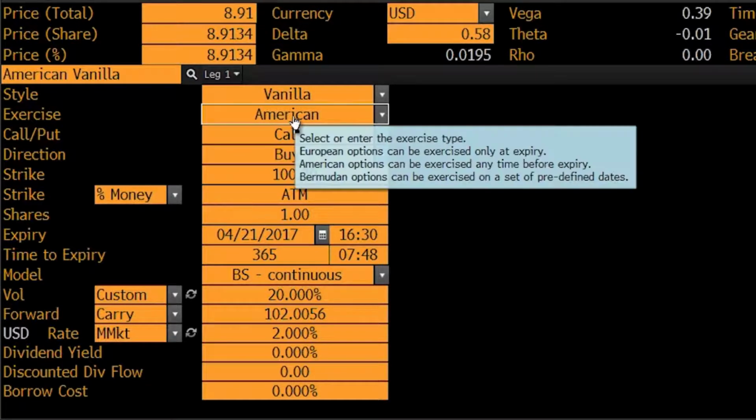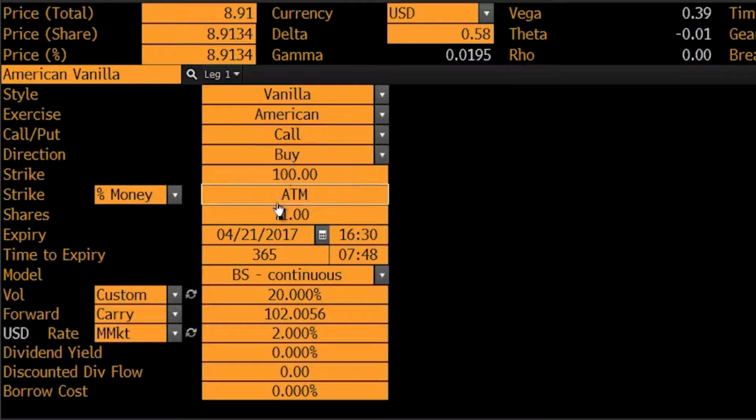The exercise style for equity options is American, which means they can be exercised at any time. Buying and selling an option is a separate procedure to exercising the option. The opposite to an American style is a European style option. Normally, stock index options are European style, which means they can only be exercised at expiry.